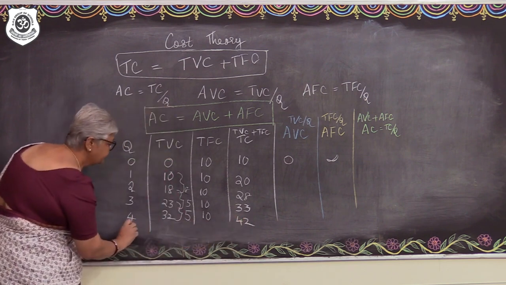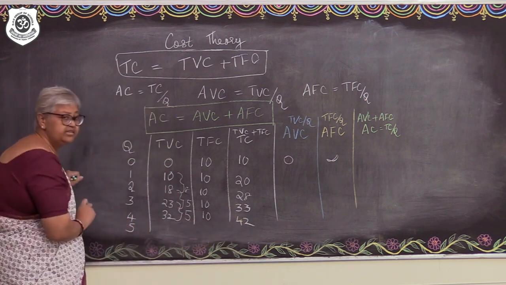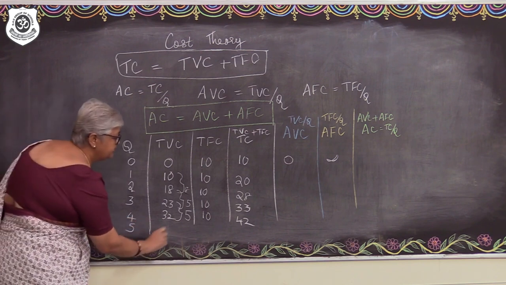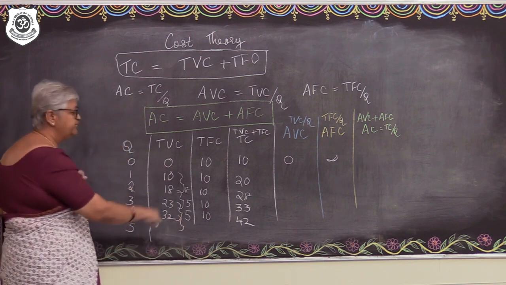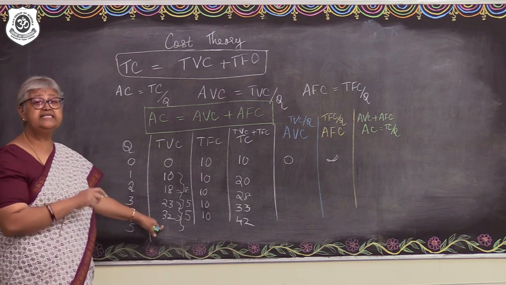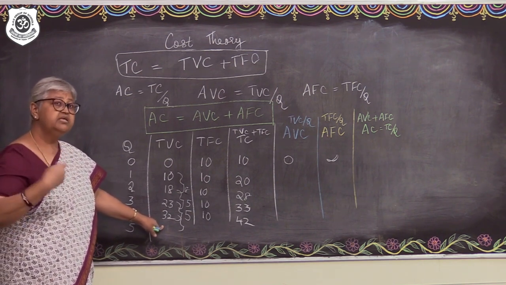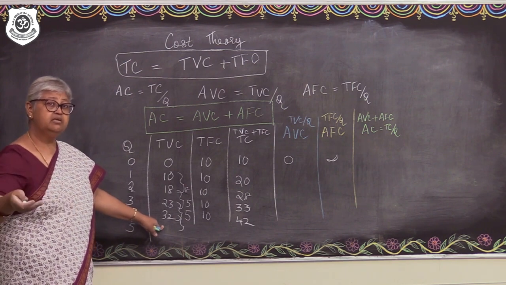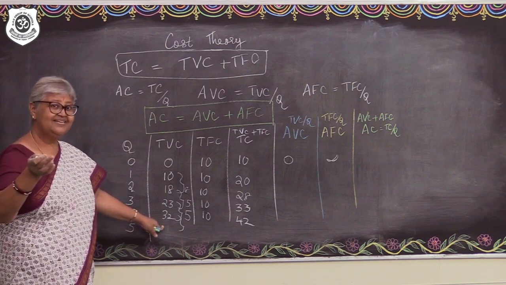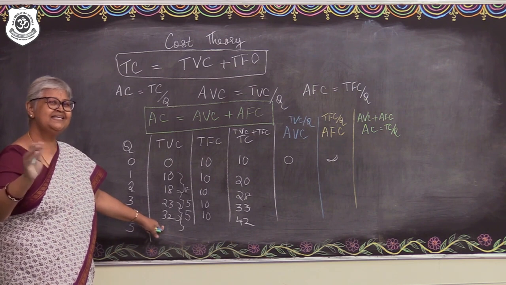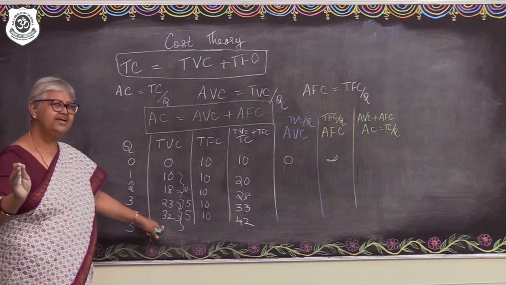Then the fifth level of output. At the fifth level of output, let us say now the total variable cost is going to increase at an increasing rate. Why? Maybe the firm has started suffering decreasing returns, negative returns. Right?